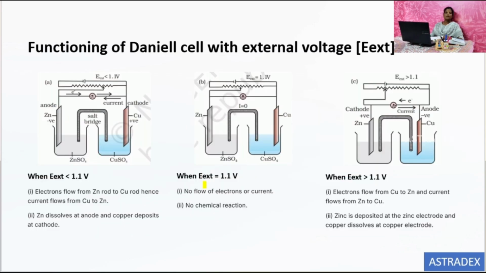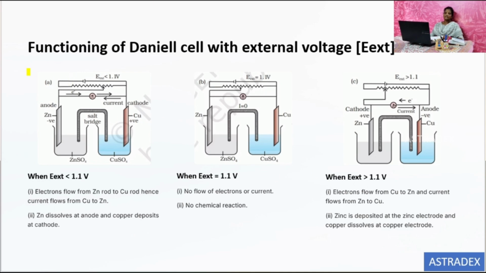Let me move to the next one. Functioning of Daniell cell. As we know, the Daniell cell produces the EMF of 1.1 volt. If we supply an external voltage which is greater than, less than, or equal to 1.1 volt, what happens to the cell?